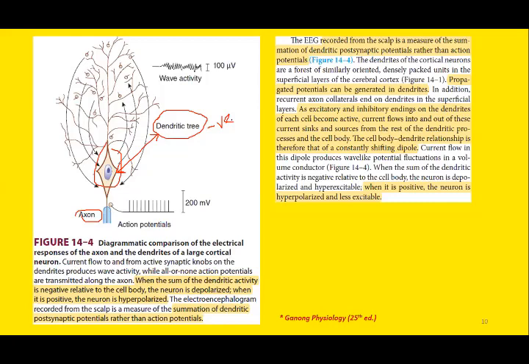Similarly, when the sum of dendritic activity is positive as compared to the cell body, this will lead to hyperpolarization. So these are either depolarization or hyperpolarization. Remember, electroencephalogram is representation of graded potential. These are post-synaptic potentials. Remember, these are not action potential.